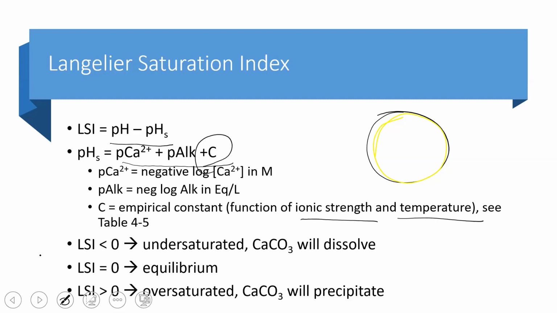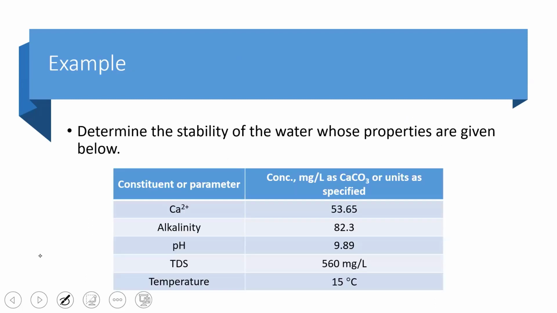So really what the Langelier saturation index does is look at how well that water will precipitate or dissolve calcium carbonate. So it's really a function of calcium. Now, to determine the stability of water, we need to look at calcium, alkalinity, pH, and total dissolved solids.